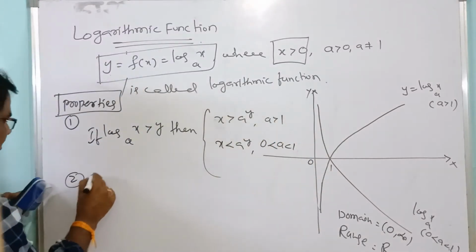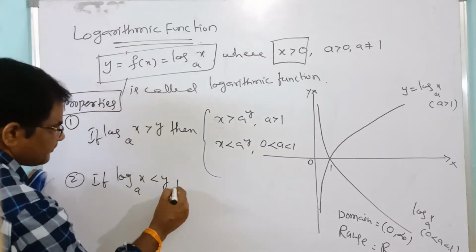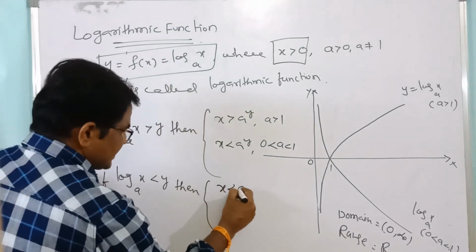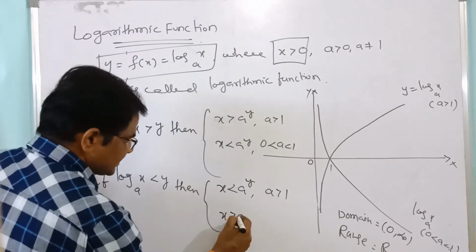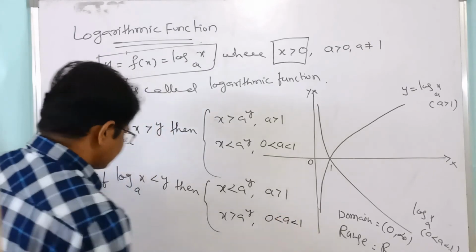Suppose log x to the base a is less than y, then x is less than a power y whenever a is greater than 1, and x is greater than a power y when 0 is less than a less than 1.